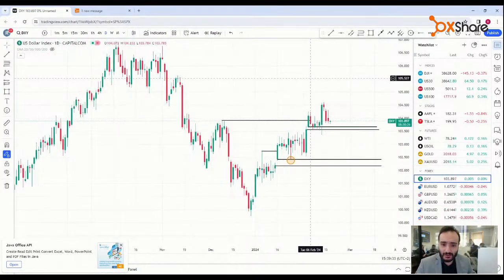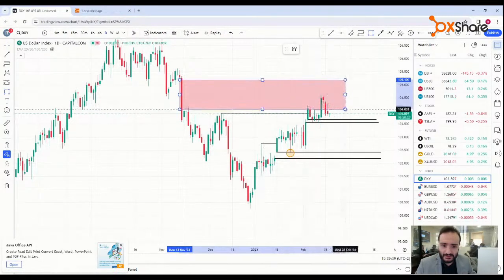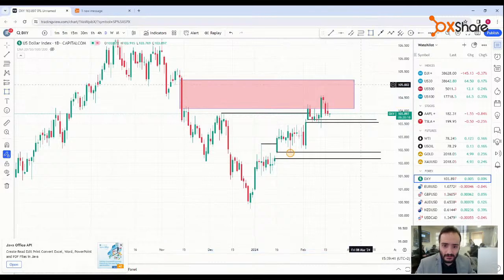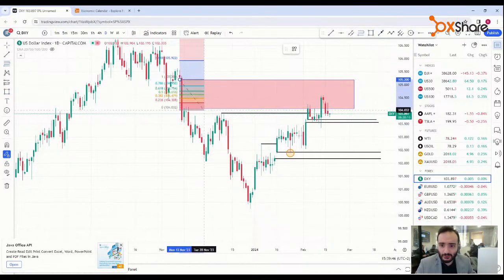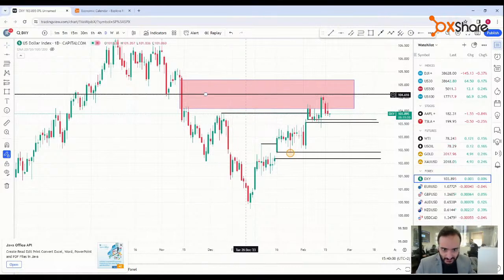Of course, we have some levels for the DXY to reach. First of all, we are currently sitting in this fair value gap, and the midpoint of this gap is around this point over here.